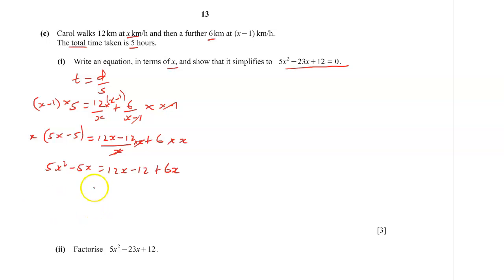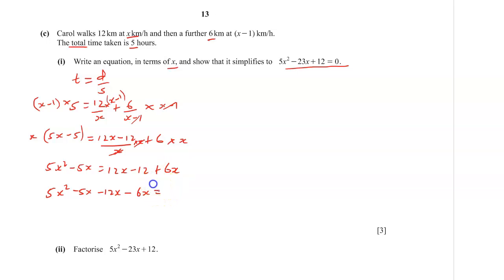We collect the like terms together, so we have 5x squared minus 5x, take 12x on the other side, 12x minus 6x is equal to minus 12.